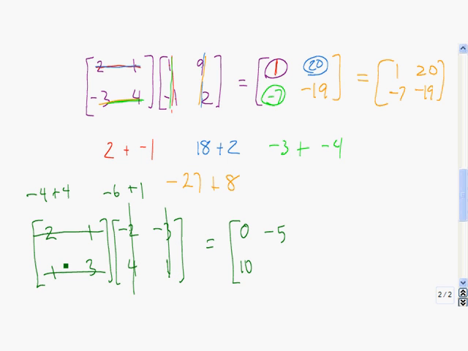So 1 times negative 3 is negative 3, plus 3 times 1, which is 3. So negative 3 plus 3 is 0. What you notice here is that the number of columns of the first matrix has to equal the number of rows in the second matrix.